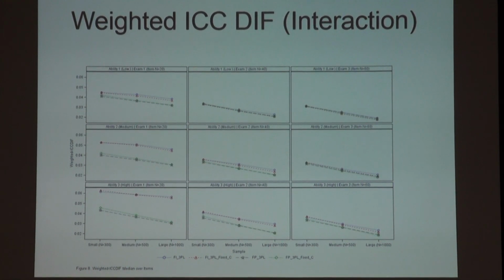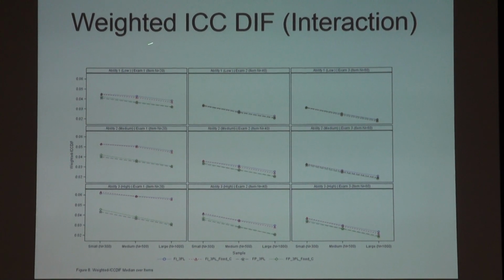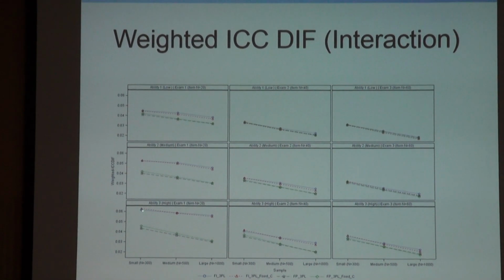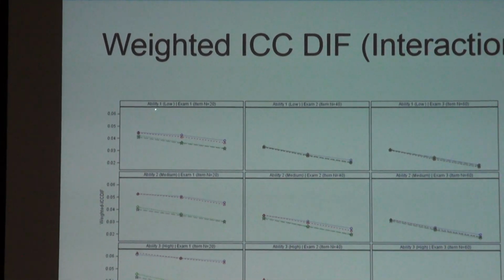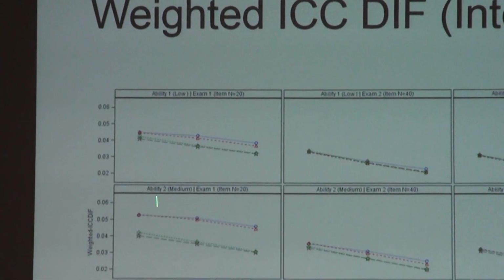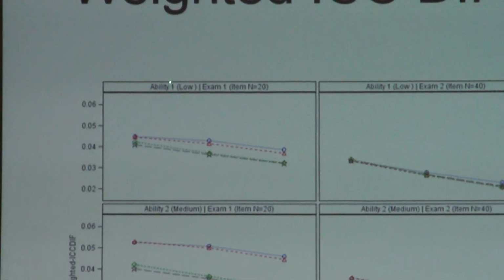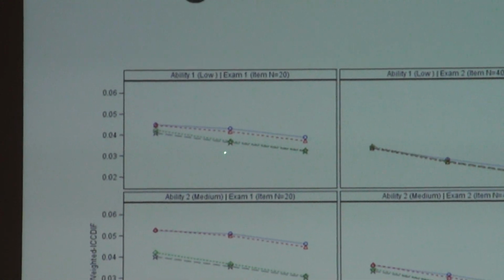So we also look at the interaction effect, and for time's sake, here we only look at the weighted ICC diff. I know it's hard to see. So the column we have is for the exam length factor. This one is for the short exam with only 15 operational items.